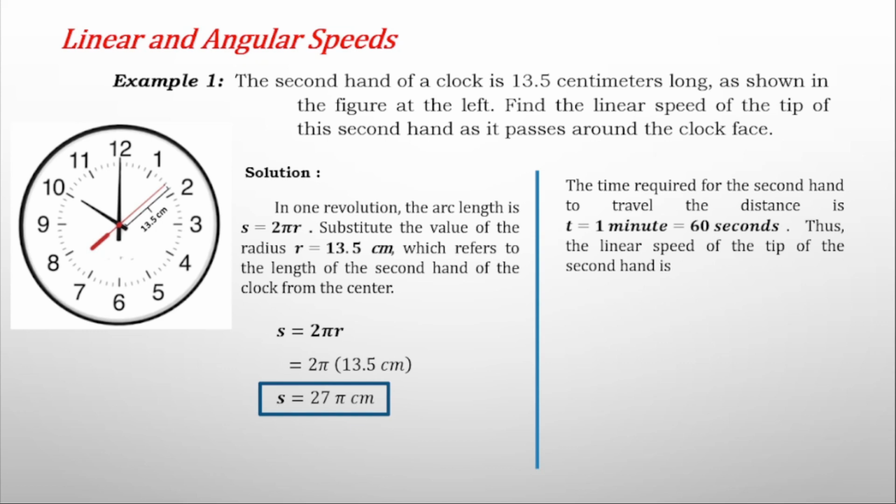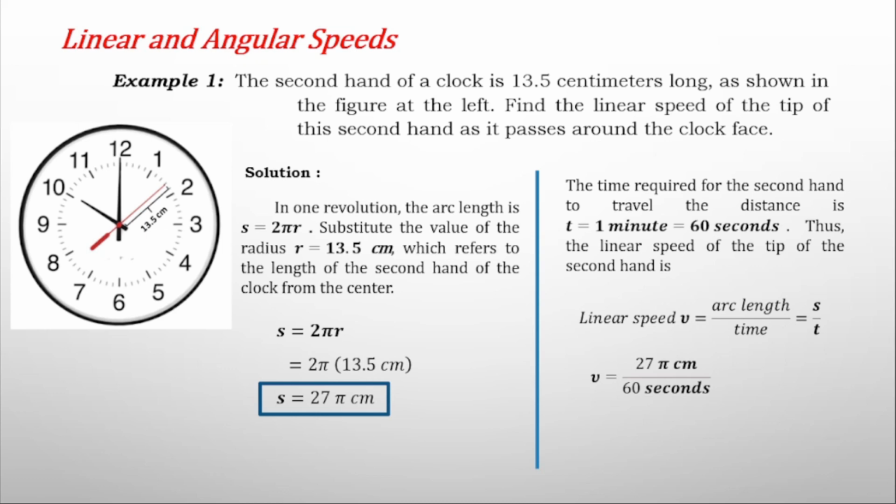Thus, the linear speed of the tip of the second hand, using the formula, linear speed is the arc length over the time, s over t. We substitute the value of s, which is 27 pi centimeters, divided by, since the problem refers to the second hand, instead of 1 minute we use 60 seconds, because the problem asks for the linear speed of the tip of the second hand.